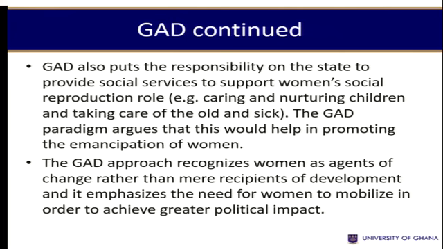The GAD perspective also puts responsibility on the state to provide the social services which have often been assumed to be taken care of by women. So all of the social reproduction roles that have been left to women to perform are now conceptualized as something that the government should be responsible for. So we have to think about children, for example, and the fact that their foundational years should be the priority of not just the parents involved, but states as well.